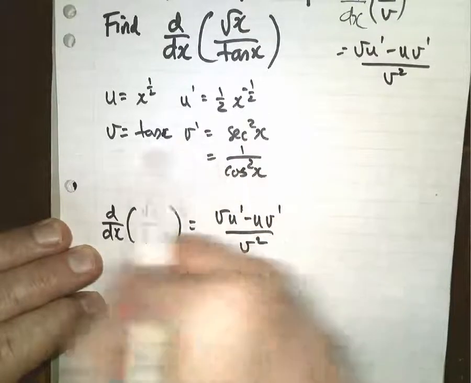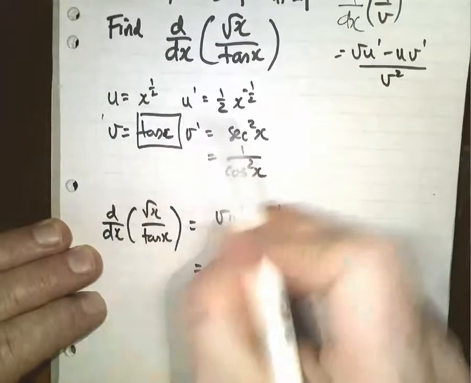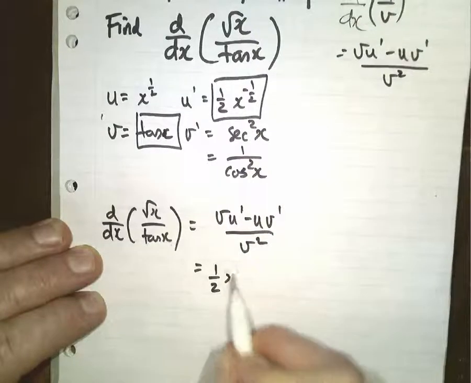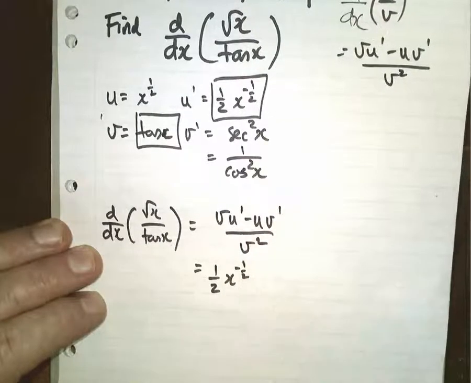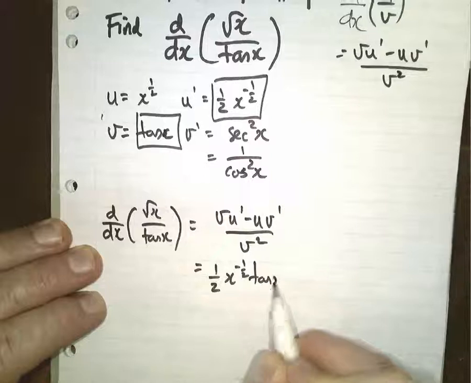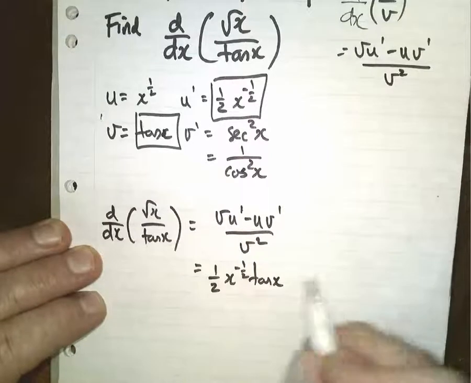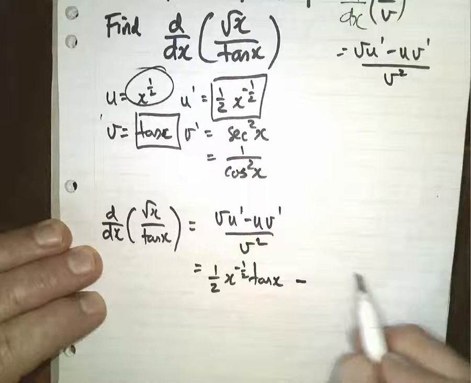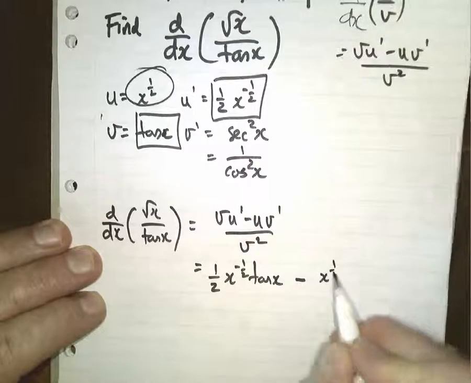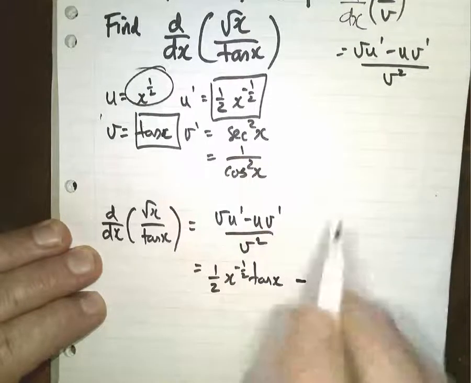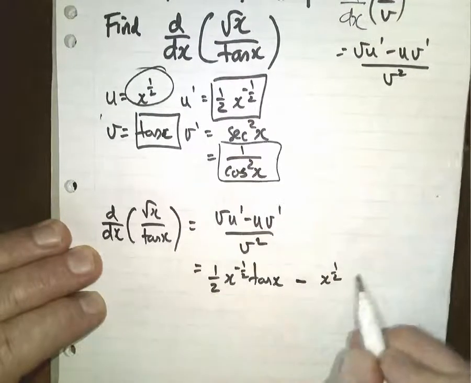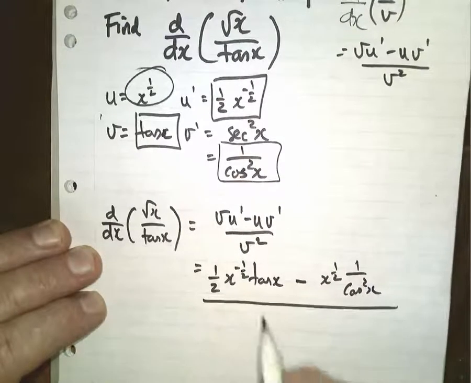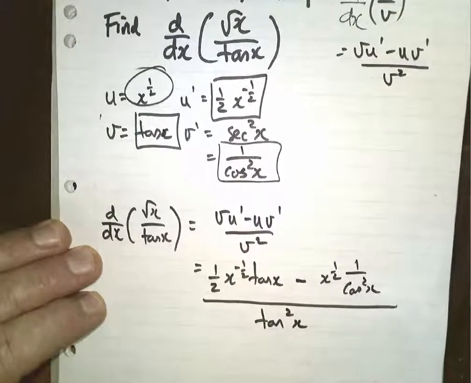V is tan of x, u dash is 1/2, so I'm going to put 1/2 x to the negative 1/2 times the tan of x, minus u, which is x to the 1/2, times v dash, which is 1 on cos squared of x, all on top of tan squared of x.